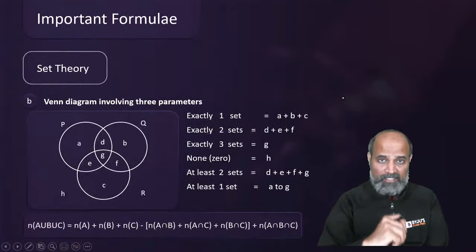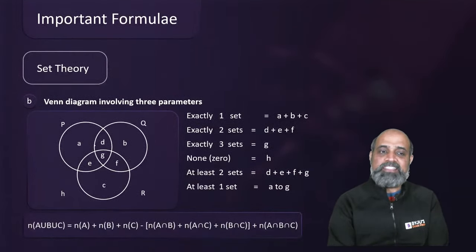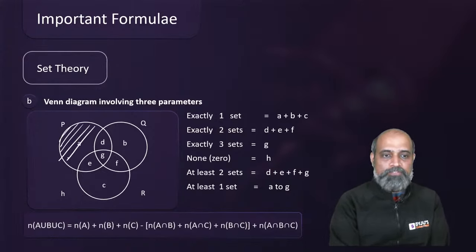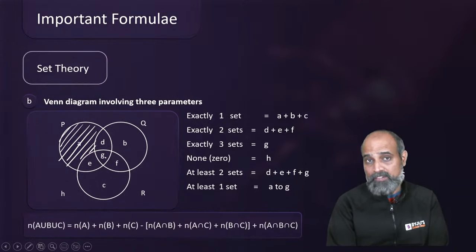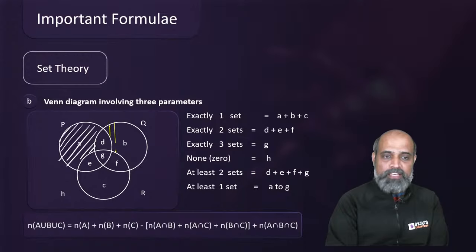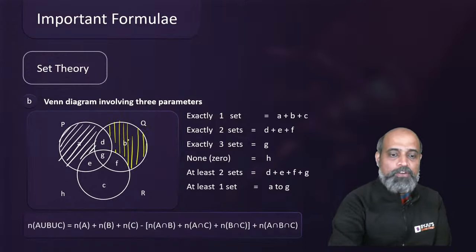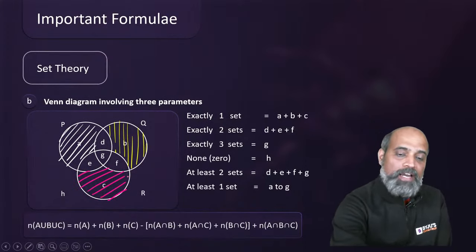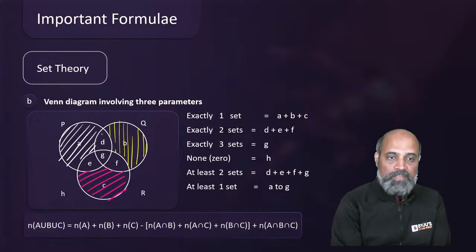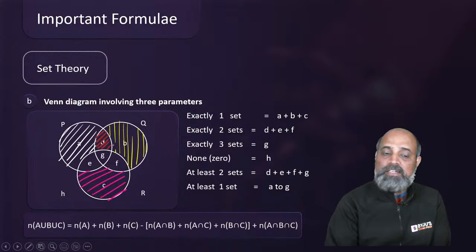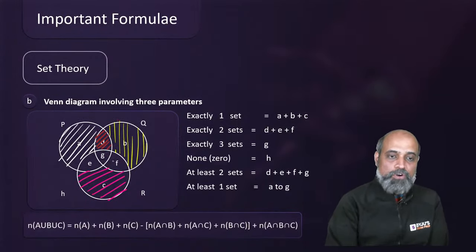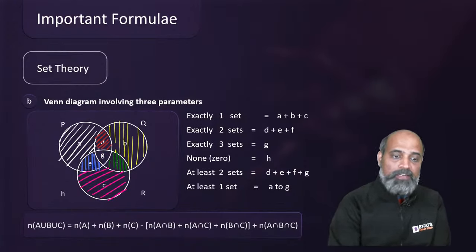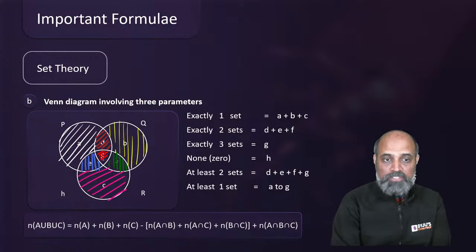When we deal with three-set Venn diagrams, suppose the three sets are named P, Q, R. You have a region which is only P, the next region which is only Q, and the next which is only R. Then you have a region which is only P and Q, next only Q and R, next only P and R. Next you have a region which is all three of them.